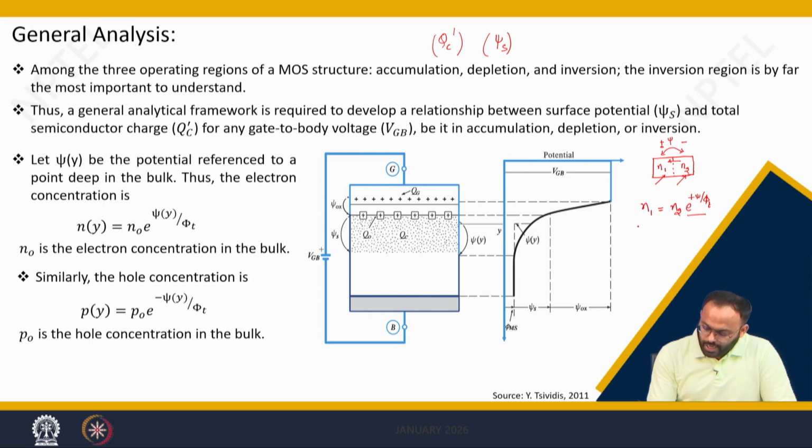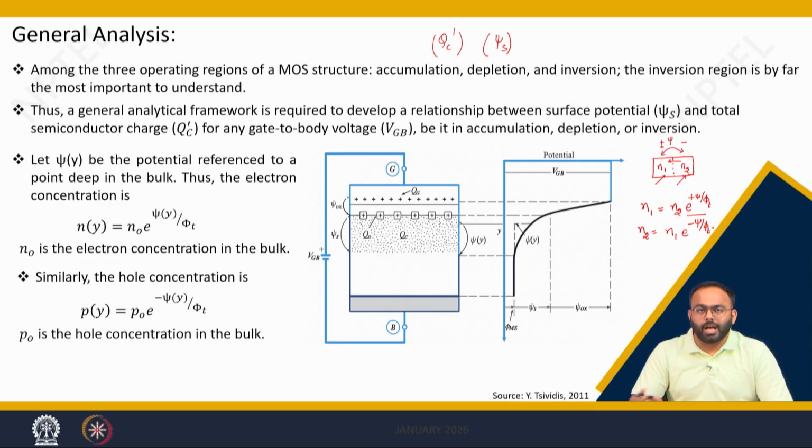Keeping in mind that if it is N2, then it will be N1 exponential of minus psi by phi t, because the polarity of the potential is opposite. So we are applying the same junction law here at the surface.